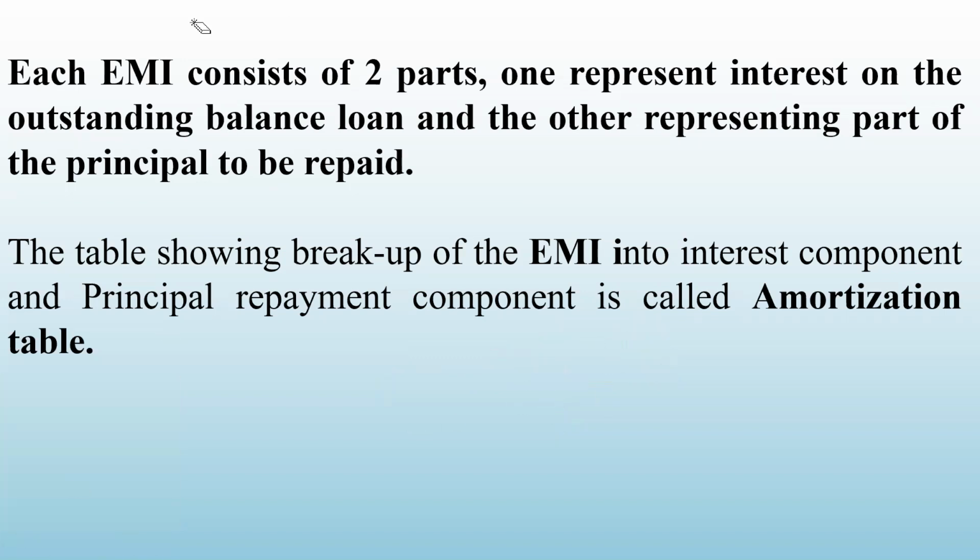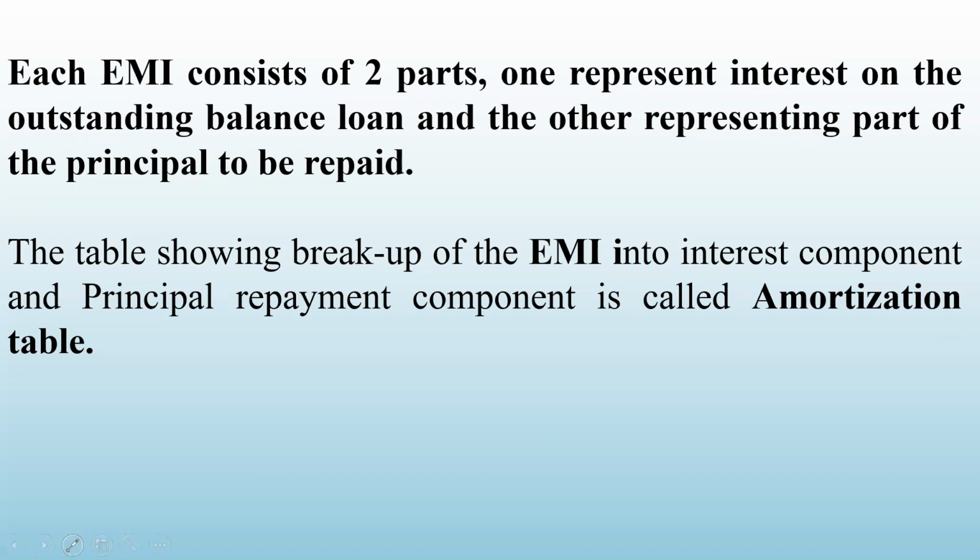One represents the interest on the outstanding principal or the outstanding loan balance, and the other part represents the principal repayment. The table which shows the breakup of the EMI into interest component and principal repayment component is called an amortization table. So today we are going to see how to prepare the amortization table.